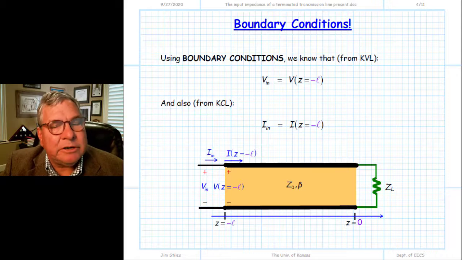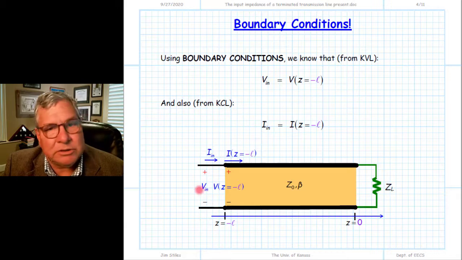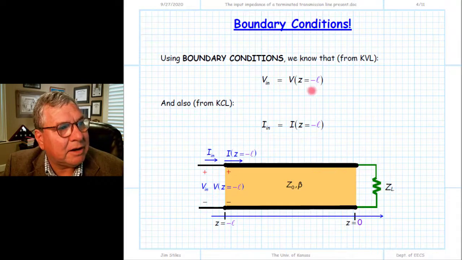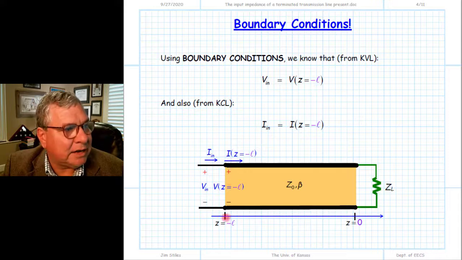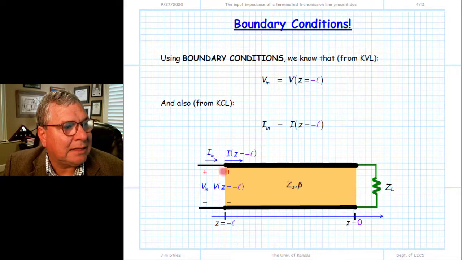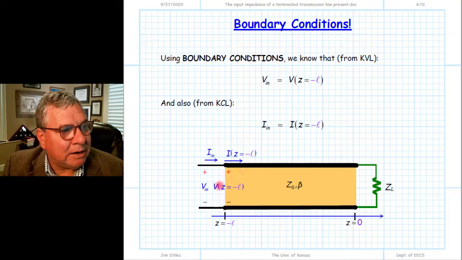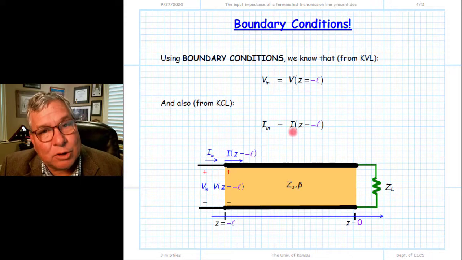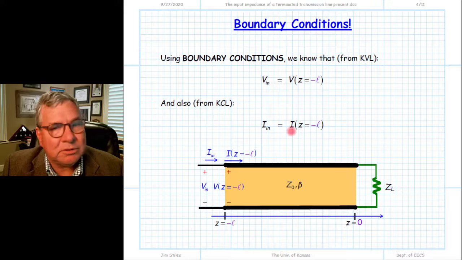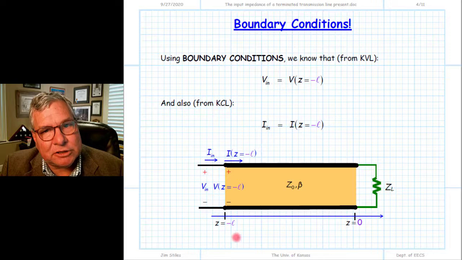We can relate the voltage at the beginning of the line, at z equal to minus L, to the input voltage using KVL, and clearly by KVL Vin is the voltage at the beginning of the line, right here at the index z equal to minus L. Likewise, the current Iin is equal to the current here at the beginning of the line, at z equal to minus L. I'm not saying that Iin is equal to the complex total current I. I'm saying Iin is equal to the total current I when evaluated at this specific position index.